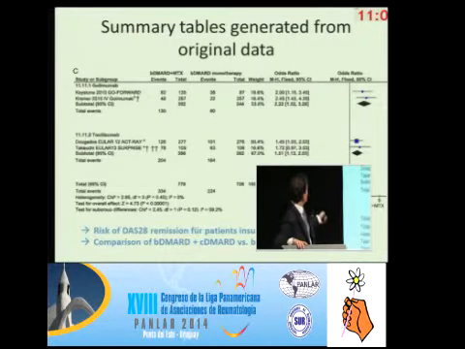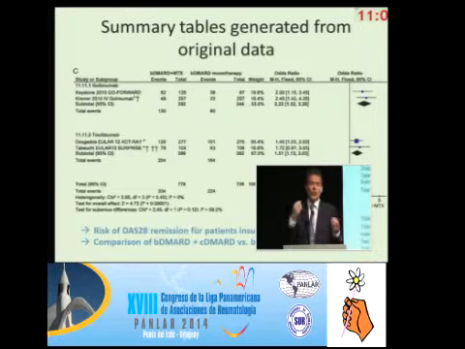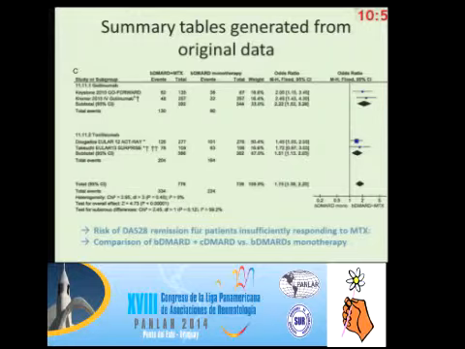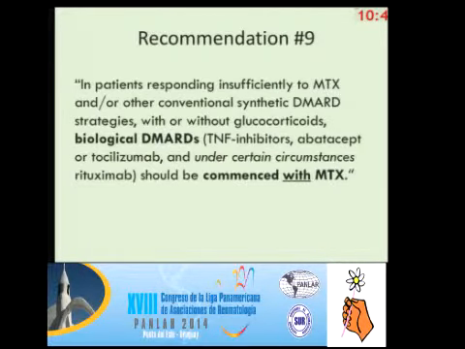And you can see from the studies that actually looked at that comparison in that population, the summary estimates are on the right-hand side, clearly favoring the combination, also for tocilizumab and golimumab in these 2 cases.